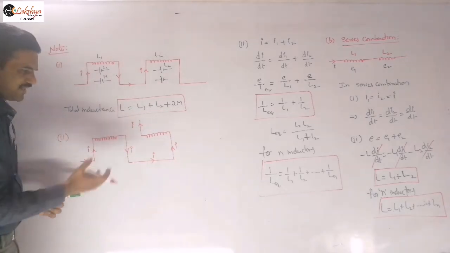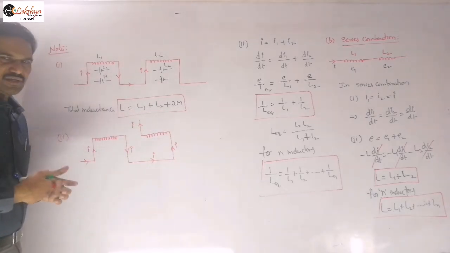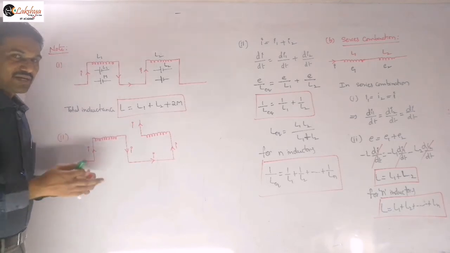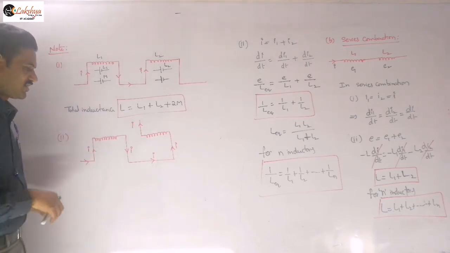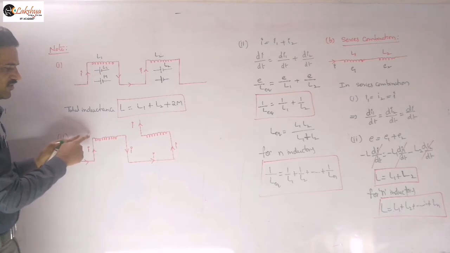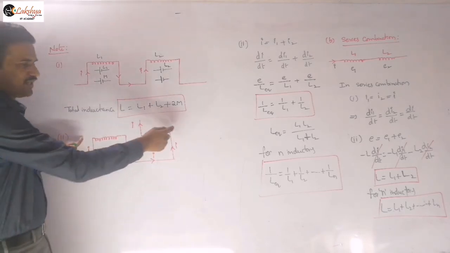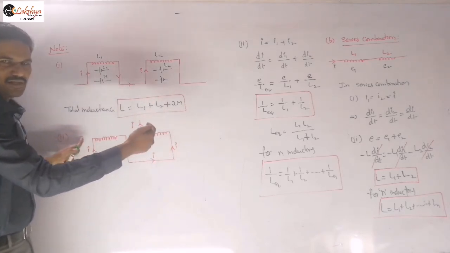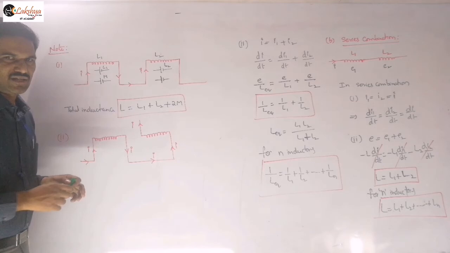Again the same current is flowing. They are in series only, but the current direction is opposite. In this coil current is flowing from left to right, but in this coil current is flowing from right to left. So that is the opposite direction here.